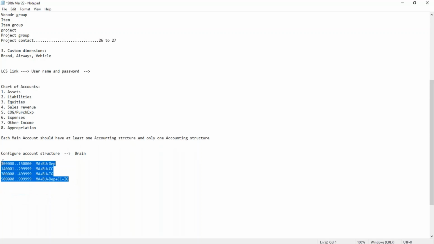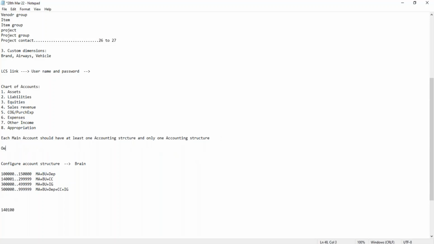The system will not allow it, so you are confusing the system. 140100: whether it is available here or here, it is in both, so the system will not allow it. Overlap will not be allowed.